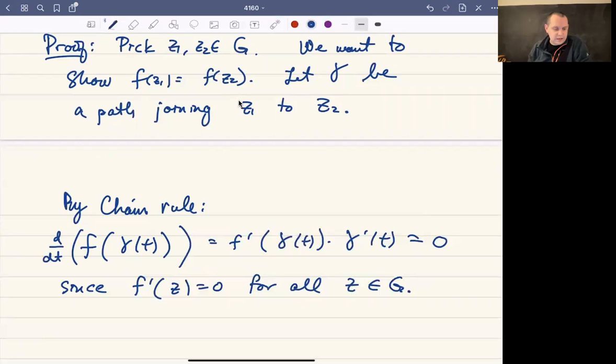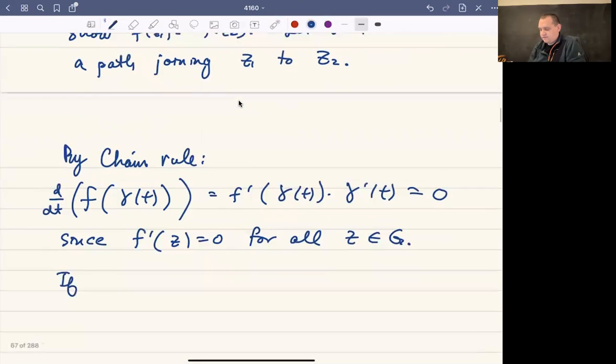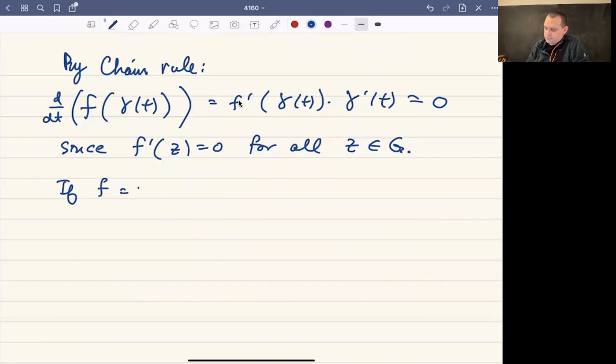Okay, and then what does that mean? Well, that means that if f is equal to u plus iv, then let's think about what that means.